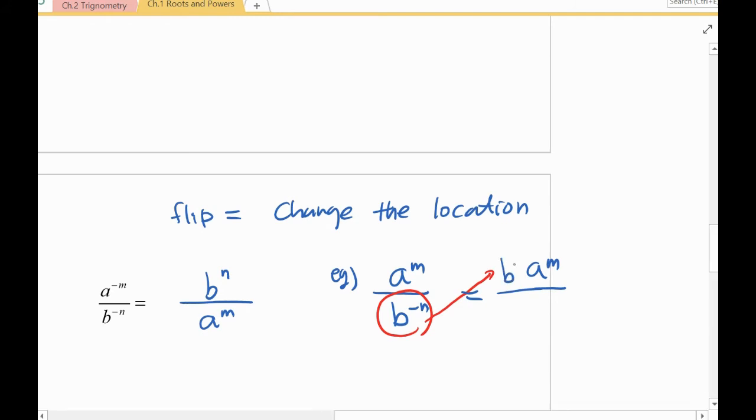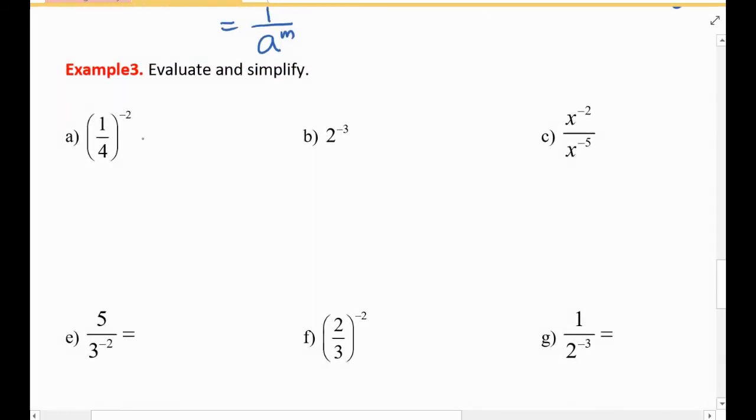That is b to the power of n over 1. Okay? So if it is a positive, you just leave it there. You don't touch it. The answer will be a to the power of m times b to the power of n. Over 1 is nothing. So you just omit it. Okay? All right. Next problems.